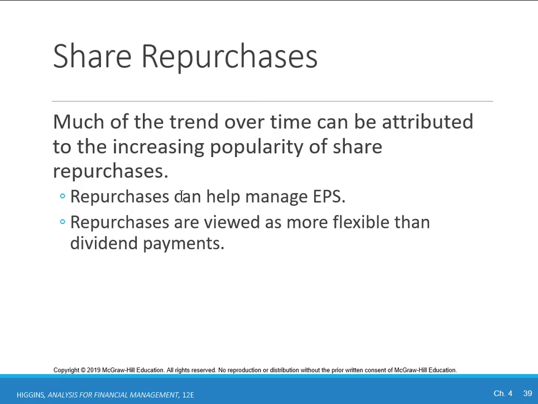Repurchasing helps us manage earnings per share. It keeps that number in a place where we would like it to be. And I think more importantly, it's more about flexibility. It's a lot easier to repurchase shares than it is to increase dividends, because once you increase dividends, there's an expectation that those dividends are going to stay high.